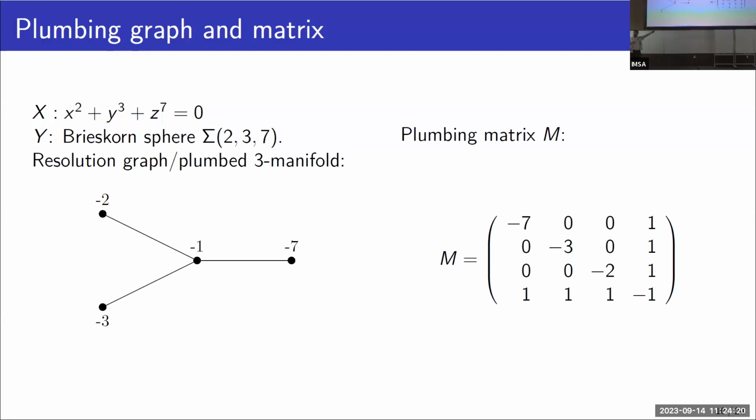And you can also encode it into the plumbing matrix, which is just a matrix which has these Euler numbers, these labels, on the diagonal, and then 0 or 1 depending on whether two vertices are connected by an edge or not. Okay, so this is what we want to play with, these matrices or these graphs. Any questions?